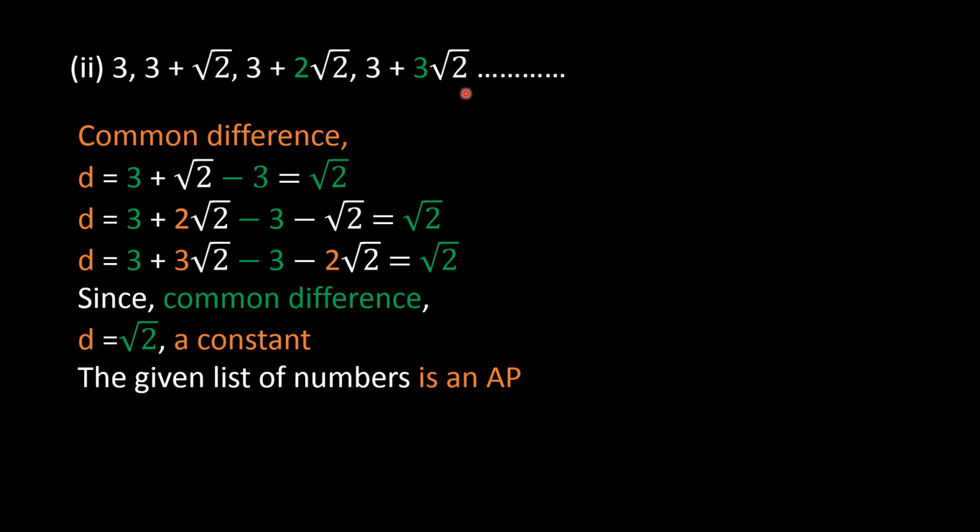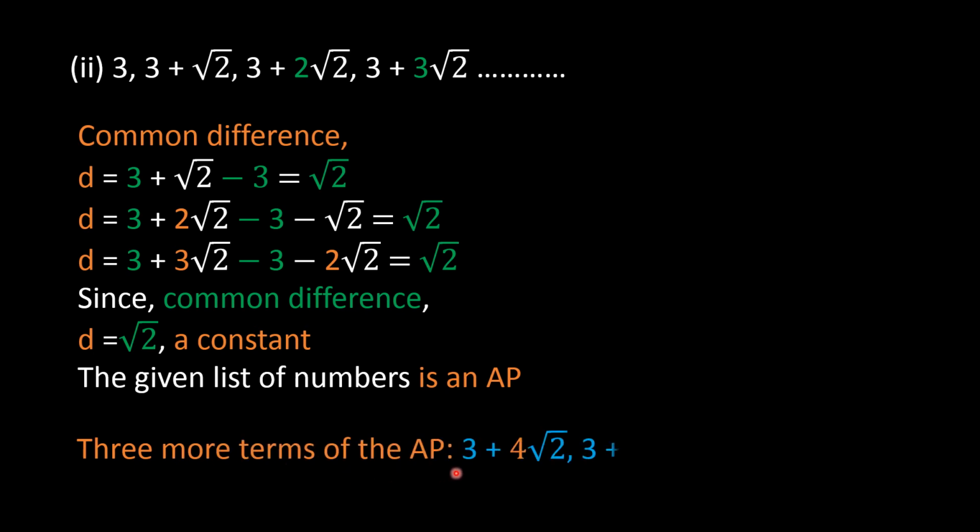So our fifth term will be 3 plus 4 root 2. The next term after adding root 2 will become 3 plus 5 root 2, and the next term will be 3 plus 6 root 2. So these are our next three terms of this AP.